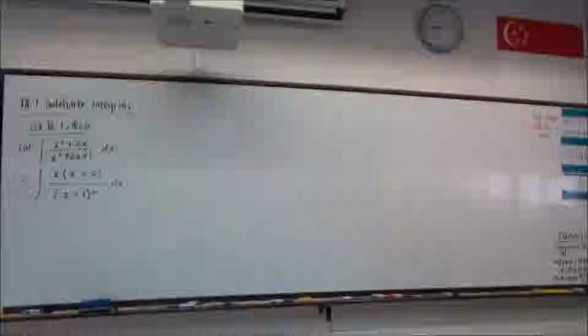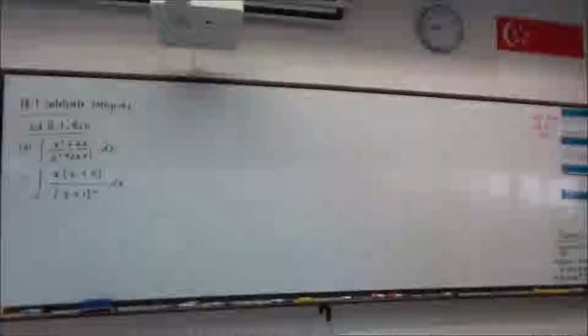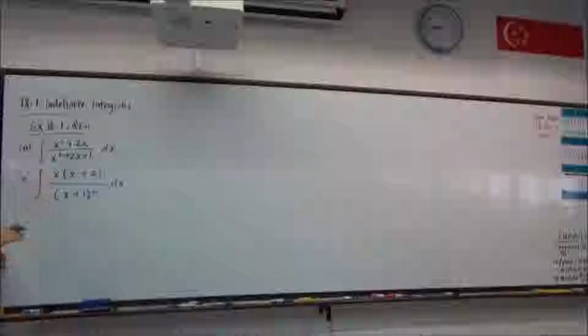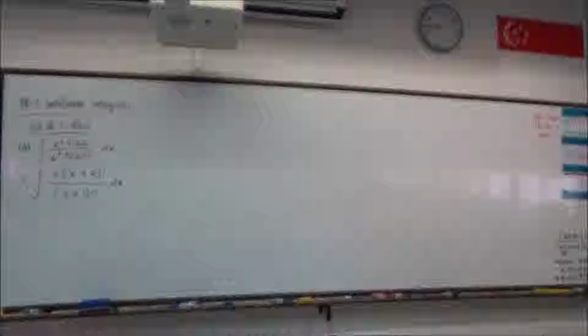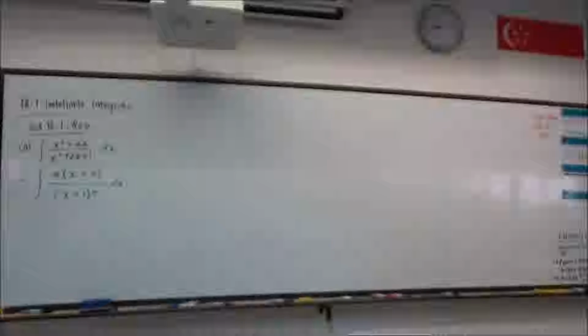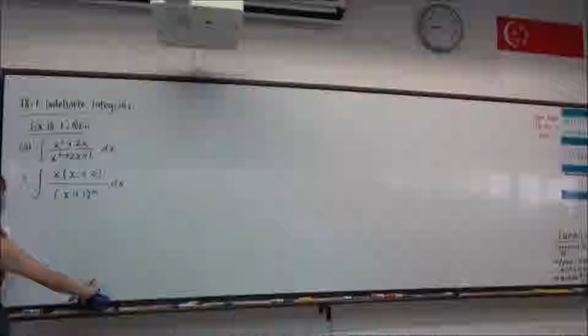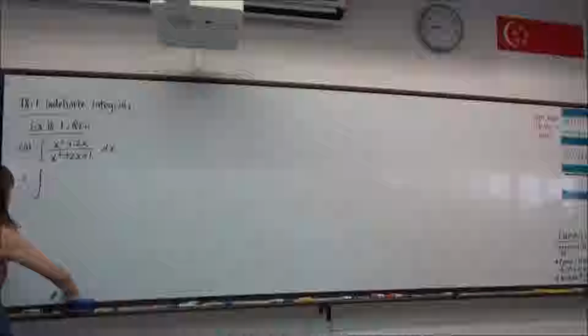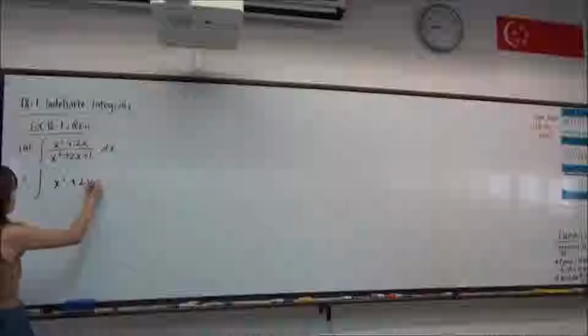Sorry, Noel. Integration of x squared over the denominator, then plus 2x over the denominator. Then x squared plus 2x minus what?